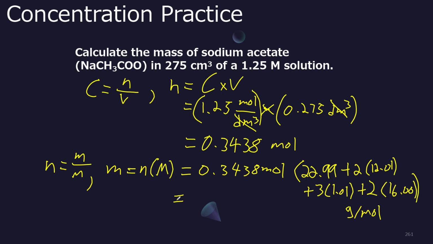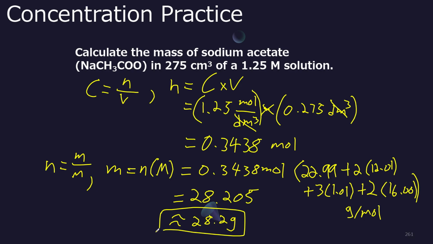Multiply it by 0.3438. Should get 28.205 roughly, and then we'll think about significant figures to report this final answer. We really should not have any more than 3, so I can just easily round this to 28.2 grams of sodium acetate.